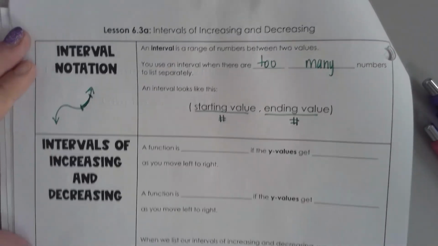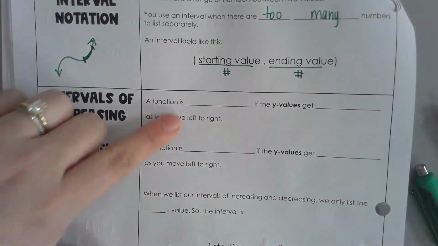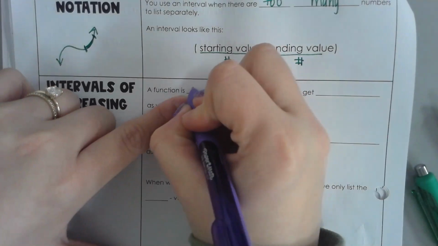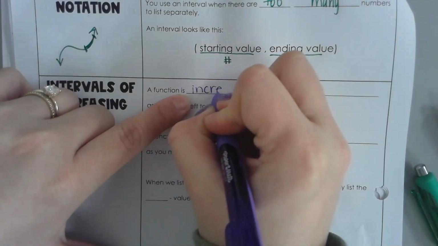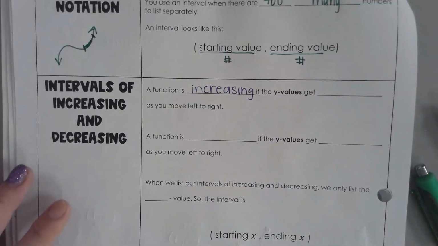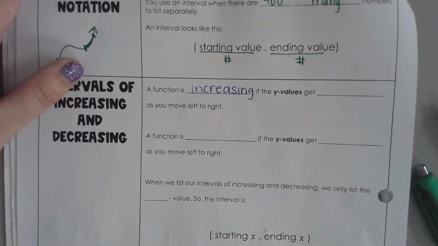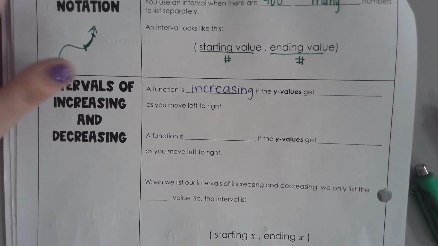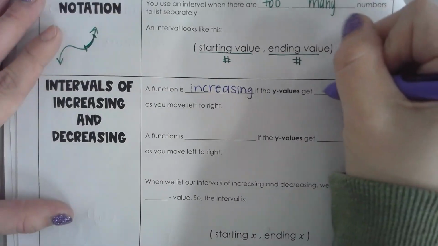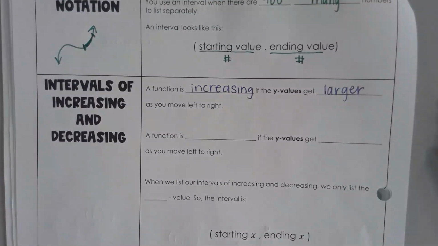So, increasing and decreasing. A function is increasing if the y values get, what do you think? Higher. Bigger, higher, yep. If the y values get larger as you move from left to right.